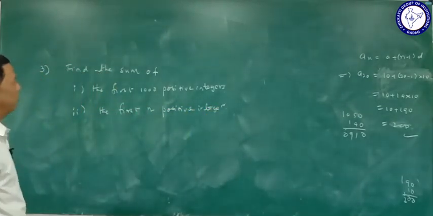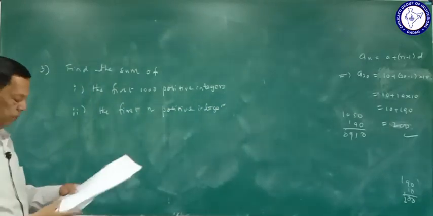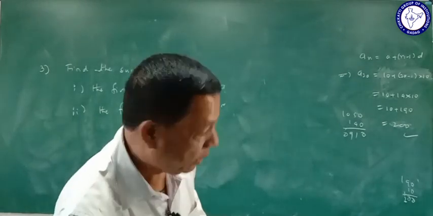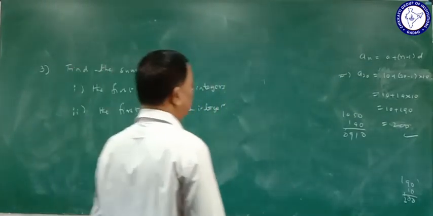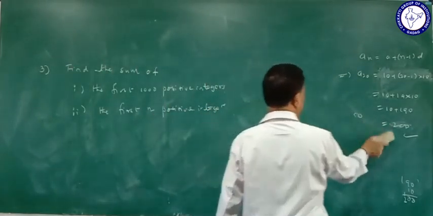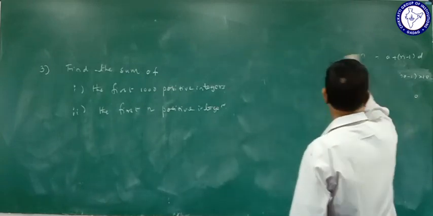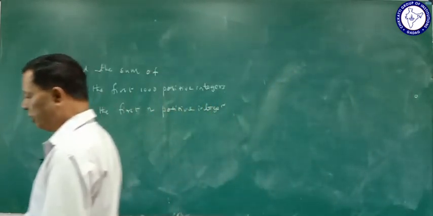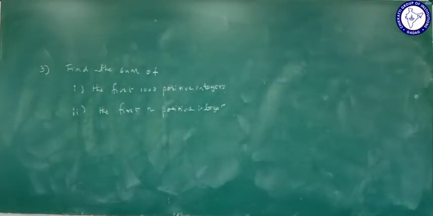So here the question is very simple, how this can be calculated and what formula is used. I told you there are three formulae to calculate the sum of the first 1,000 terms when n is given.